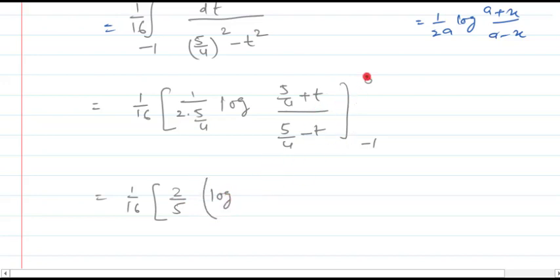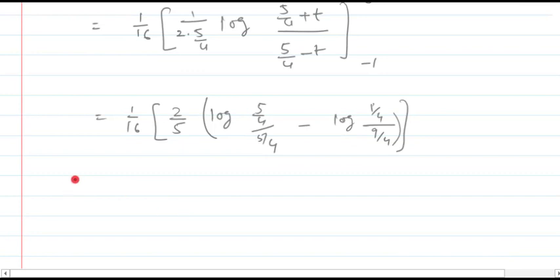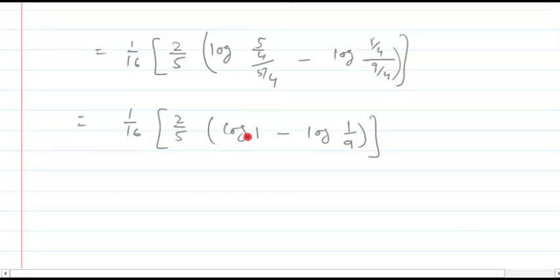If we apply the upper limit, that is 0, then this is 5 upon 4 upon 5 upon 4, minus the lower limit, log of 5 upon 4 minus 1, that is 1 upon 4, and in the denominator 5 upon 4 plus 1, that is 9 upon 4. So simply we are getting it as 1 upon 16 into 2 upon 5 into log 1 minus log 1 upon 9. Further, we know very well that log 1 is 0.